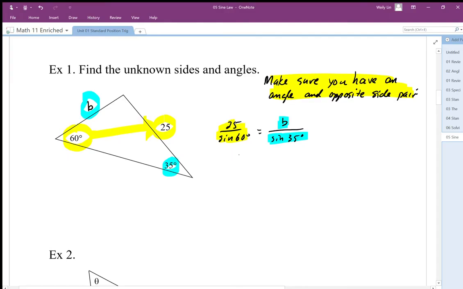Solving for this, I'm just going to rearrange this first. I'm going to end up with sine of 35 degrees over sine of 60 degrees times 25 is equal to B. And the reason why we have to use sine 60, we can't use 60, is that a 60-degree measurement is just some random measurement that has nothing to do with length.